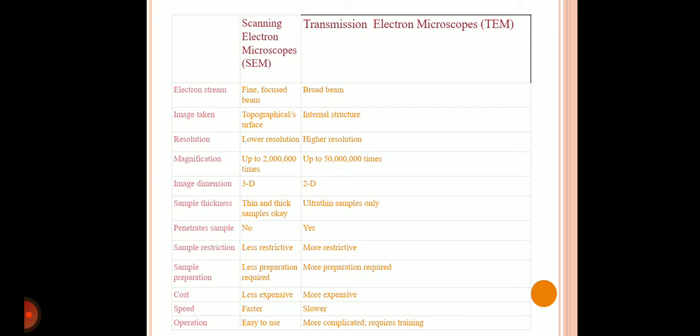Less restrictive in SEM and more restrictive in TEM. Sample preparation. Less preparation required in SEM and more preparation required in TEM. Cost. Less expensive in SEM and more expensive in TEM. Speed. Faster in SEM and slower in TEM. Operation. In SEM it is easy to use, and in TEM it is more complicated and requires training.